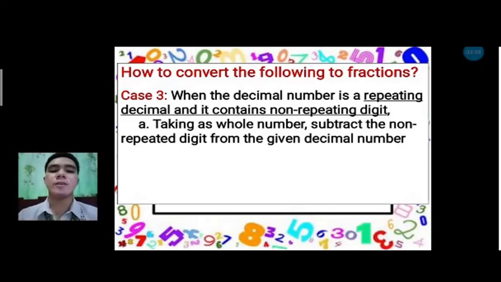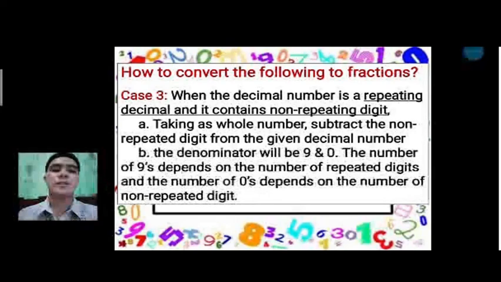Like a while ago, we have 0.1245. We will take 1245 instead of 0.1245. Then we subtract the non-repeated digits, 12. Then the result is your numerator, that is 1233.